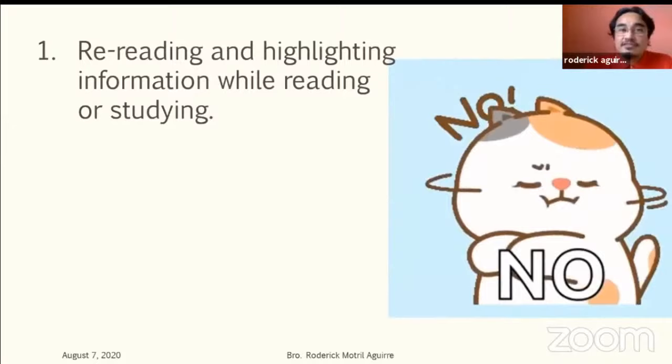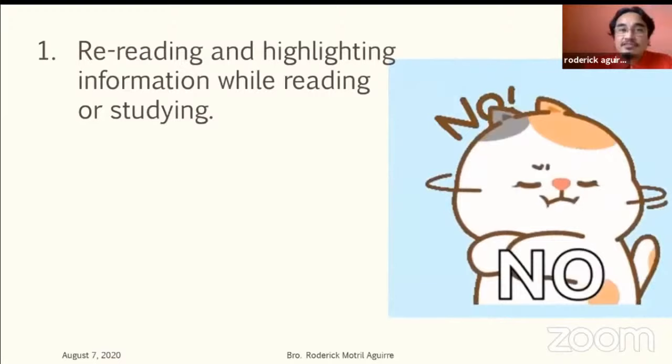So what's important is to finish reading it, read the whole part first, and then if you want to read from the very beginning, go back. Do not stop at every point to do highlighting. Highlighting information is actually a barrier. You do that after you have read everything, because that's when you get to realize which of the information you just went through is most important and which is least important.